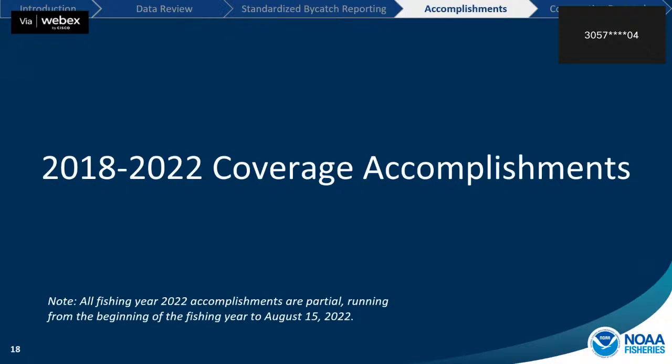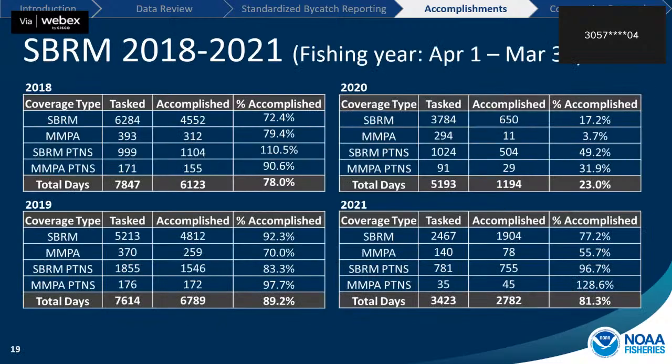Next slide, please. Thank you. So these are our 2018 to 2021. As I mentioned, we have not presented at the council since 2018. So this just gives you the overall coverage level. You can see in summary that for 2018 and 19 and now for 2021, our accomplishments have been fairly good.